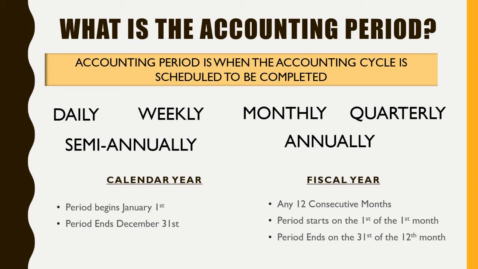Now, when you do it, you have 2 choices. You can either go for calendar year, which is the easiest one, all right? Most companies follow calendar year just because it's easy. It's easy to remember. You start on the first day of the first month, which is January. So you can start January 1st, and you're going to end on December 31st. Done. Right? No need to figure out anything else, right?